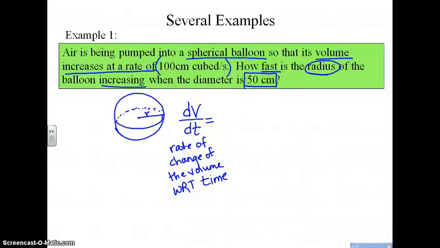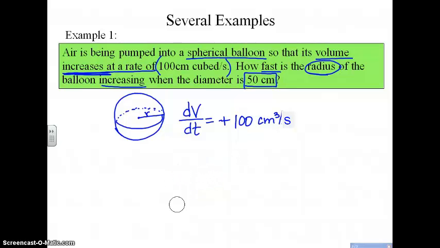And it tells me that it's increasing. Increasing means it's getting bigger. If it was decreasing, I would put a negative sign there. At a rate of 100 centimeters cubed per second. So there's a rate that they've given me, the rate that the volume of this spherical balloon is increasing.